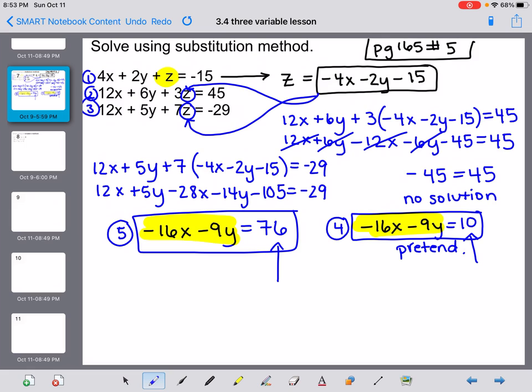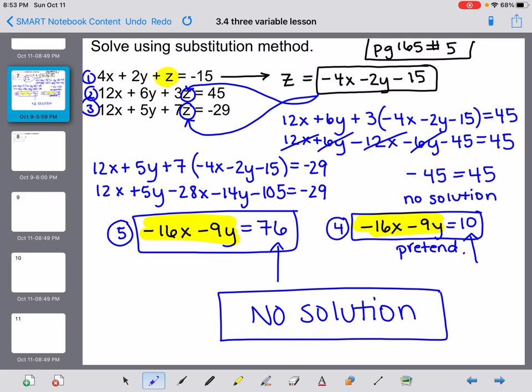So from our work in two variable systems, we should know that if the x and y part of the equation is exactly the same, but the constant part is different, this is a no solution problem. Right?